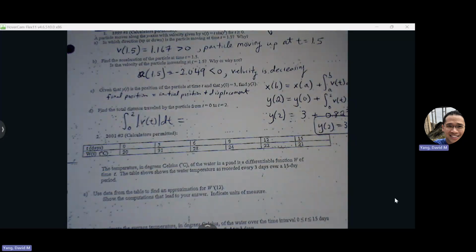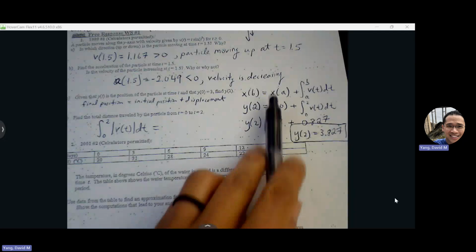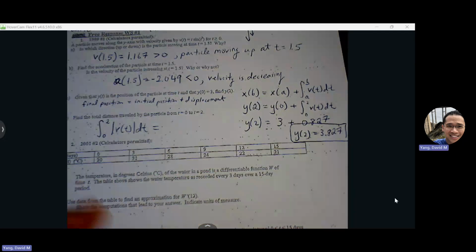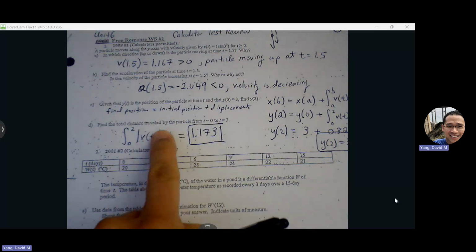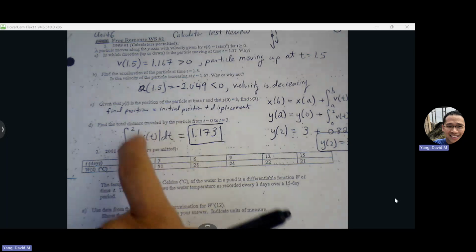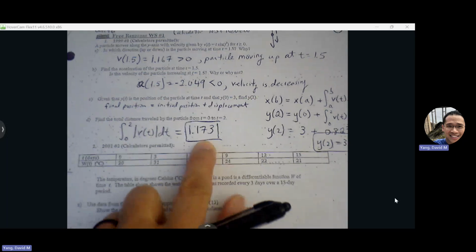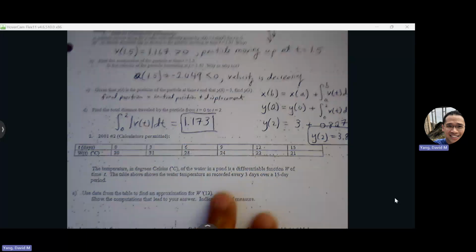Now, if we're finding total distance, we don't include our starting location. It is just the definite integral of the absolute value. So 1.173. That tells us that if we count all of the steps moving forwards and backwards in that interval, the total distance is 1.173.